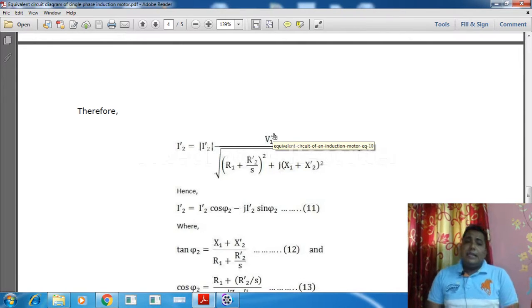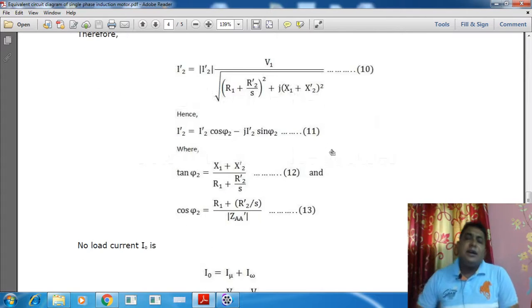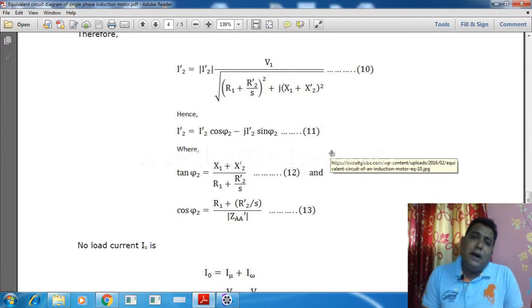Hence I2 bar is equal to I2 bar cos phi 2 minus j I2 bar sin phi 2, where tan phi 2 is equal to X1 plus X2 bar by R1 plus R2 bar by S. Cos phi 2 is the power factor, so now we want to find out this power factor.